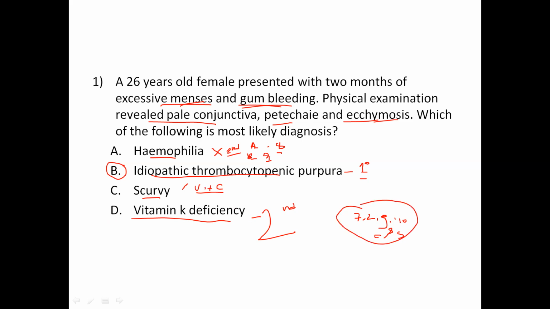So there is no functional factor 2, 7, 9 and 10, as well as S and C. Those are very important in the coagulation cascade, divided into intrinsic and extrinsic pathways, which is the secondary hemostatic system, and its disorders manifest with deep tissue bleeding, like bleeding into muscle and joint.